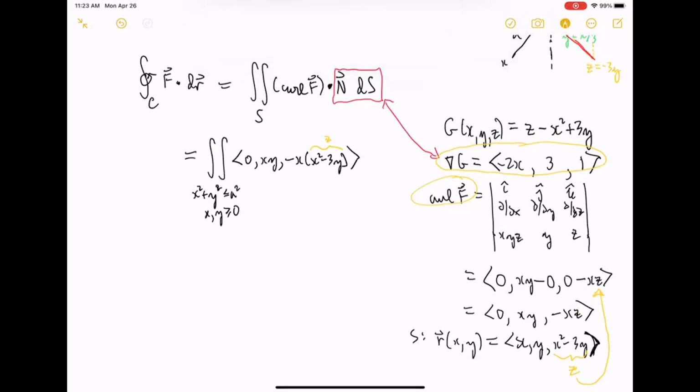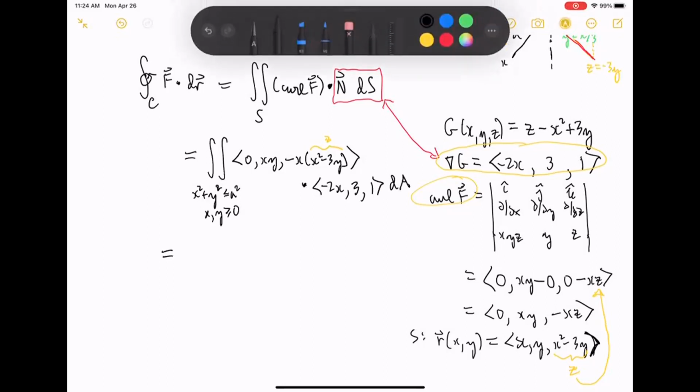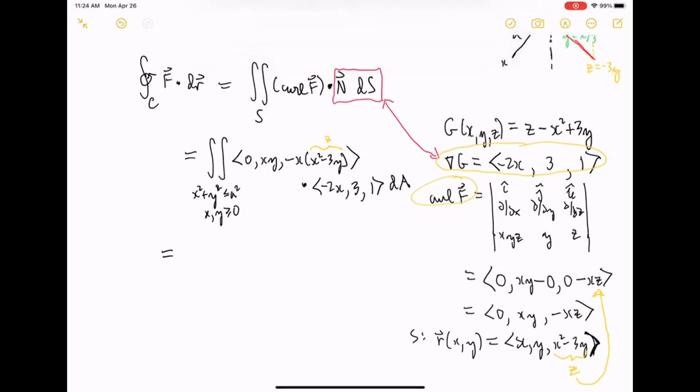So there's that. And I'm going to dot this with the gradient of capital G, which is negative 2x, 3, 1. And this is dA. Okay, just so that we don't have to keep referring to this thing, I'm going to call this region right here R, down in the xy plane.